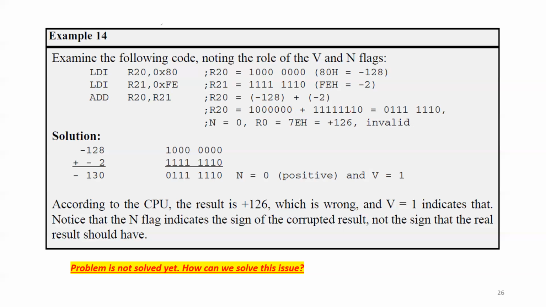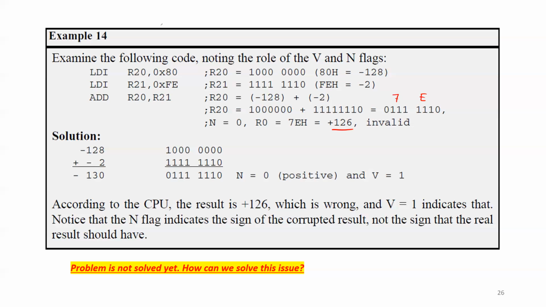When we add these two numbers together, the value would be like that, which means it's 7, and here we have E. So 7E is plus 126. So it's not minus 130. This means the answer is wrong. So again, we cannot make this operation now, otherwise it would be wrong.